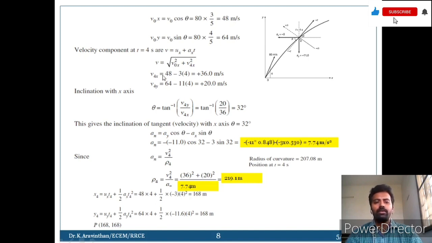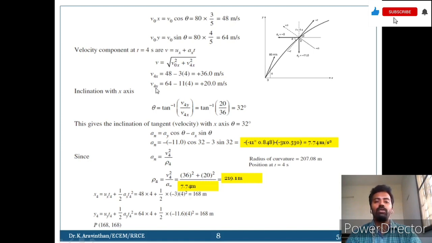So for finding the x component, u here is the horizontal velocity, that is 48 meter per second. 48 minus 3, where -3 is the acceleration at x component, into t, which is 4 seconds. So you will be getting 36 meter per second.